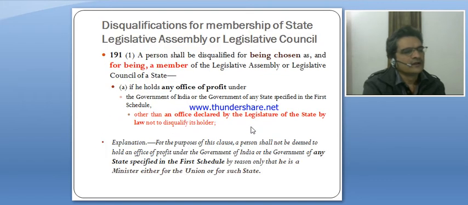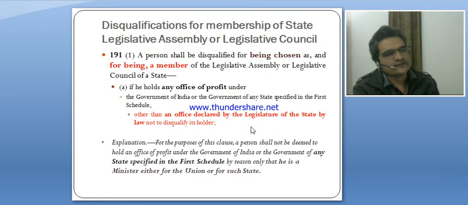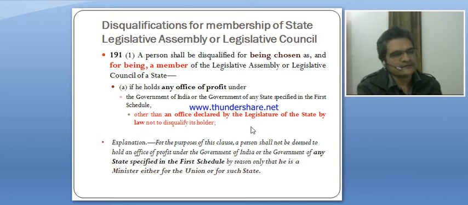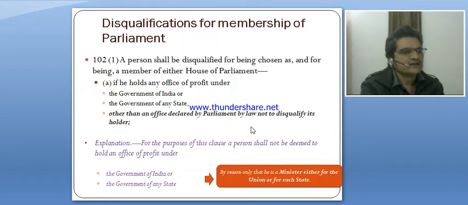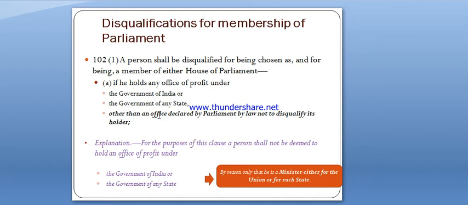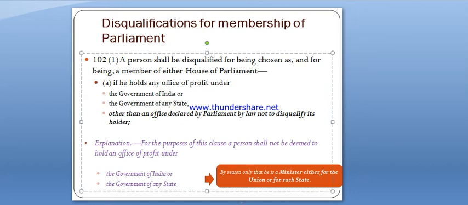Now, a similar provision is there for the state legislature. Like for the parliament it was article 102, for the legislature of the state there is an exactly similarly worded provision. The only difference is that in the case of parliament, it is parliament which could declare an office to be not an office of profit.